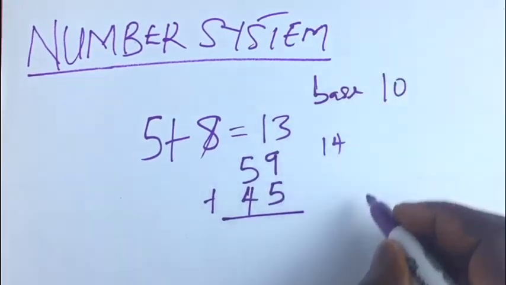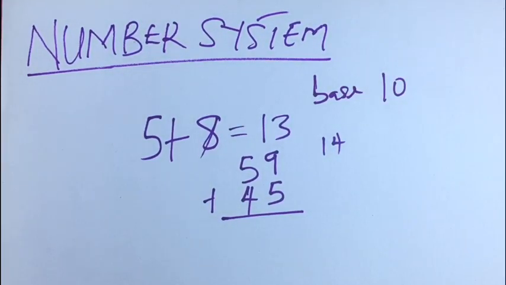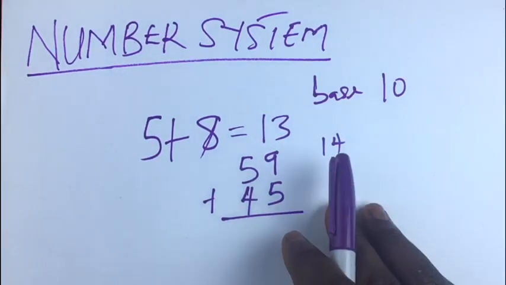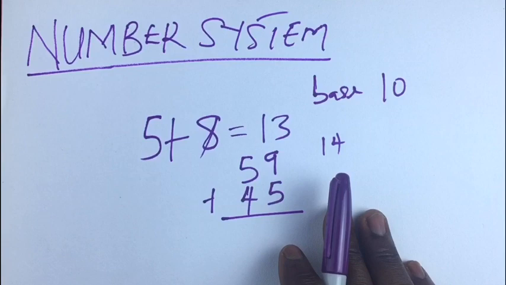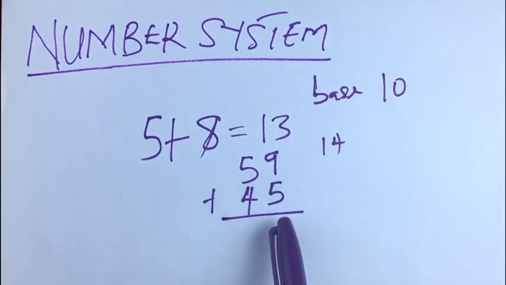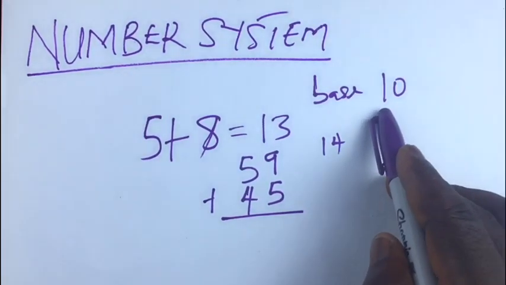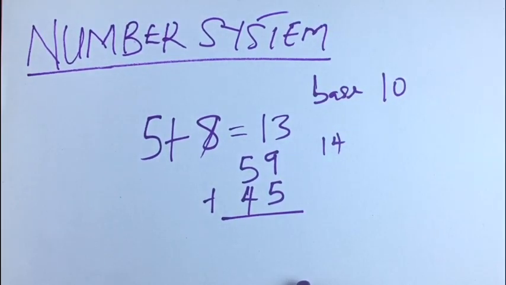Base 10 is the default number system that we use in our addition and subtraction process, right? So for this case, say I have 9 plus 5, which is 14. I can't write the 14 here. Why? Because 14 exceeds the number base.